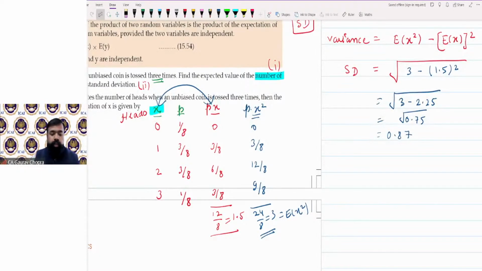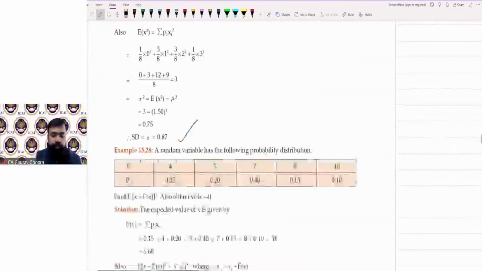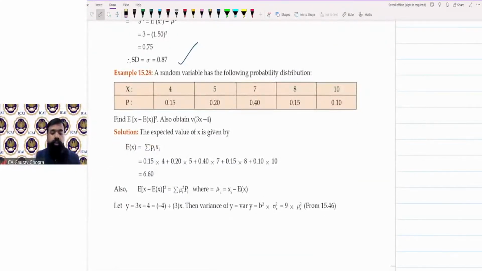Now, we have done example 27 as well. Yes, 28. Let's simplify 28. Example 28 again says a random variable is having the probability distribution. So this time the table is given in the question. X is given and P is also given.